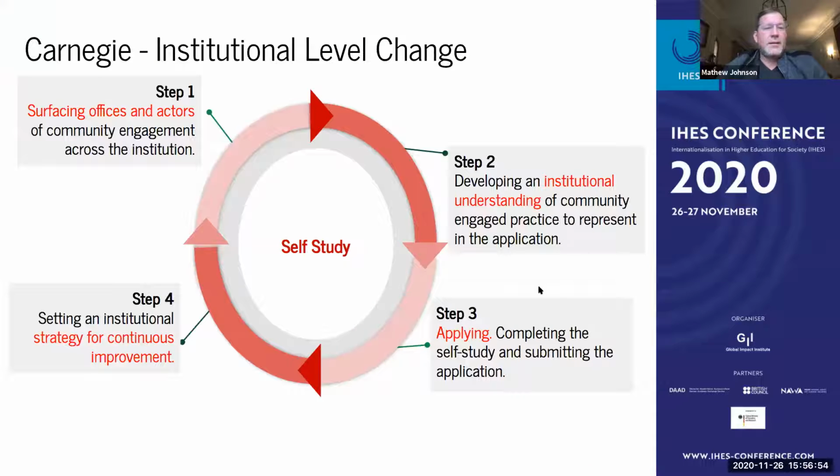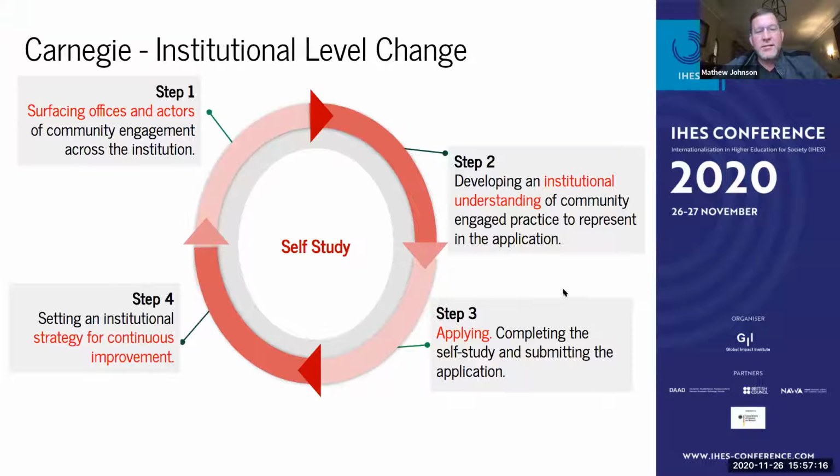So just to walk you through how this technology of change works. As Georgina mentioned, it is a self-study that institutions go through. They begin by surfacing offices and actors at their institution who are deeply engaged in community engagement across the institution. They then develop an institutional understanding.